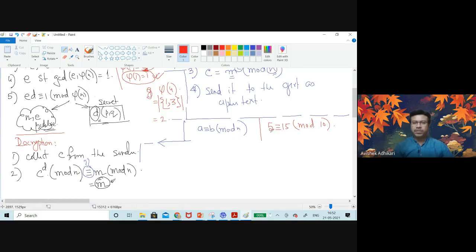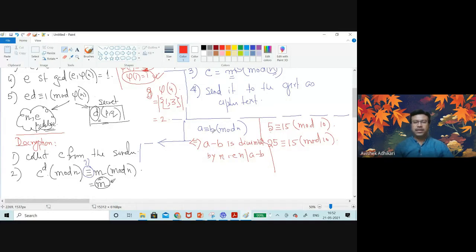Whatever the remainder is, they will be the same. So in that case you can say that 25 is also congruent modulo 10. So what is the definition? This is if and only if a minus b is divisible by n, that is, n divides a minus b. So they are equivalent.